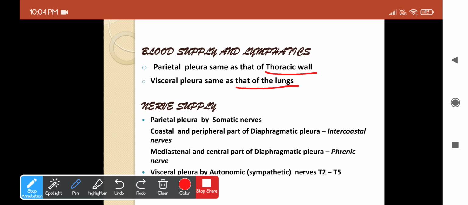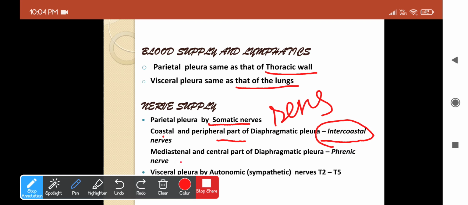Hence, they are supplied by the somatic nerves and are sensitive to pain. You have different nerves supplying each part. The costal and the peripheral part of the diaphragmatic pleura will be supplied by the intercostal nerves, and the mediastinal and the central part of the diaphragmatic pleura will be supplied by the phrenic nerve. Okay, this is about the parietal pleura.